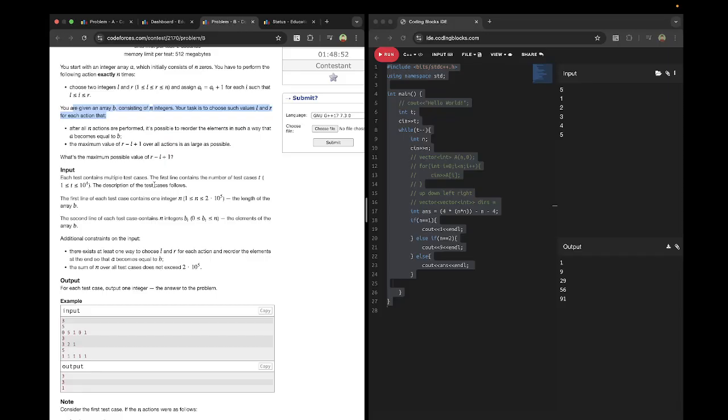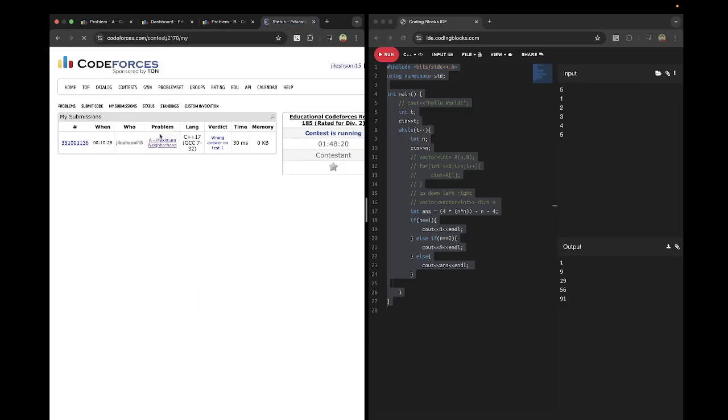You have to choose such values of L and R for each action that after all n actions are performed, it's possible to reorder the elements in such a way that A becomes equal to B. The maximum value of R minus L plus 1 over all actions is as large as possible. What?